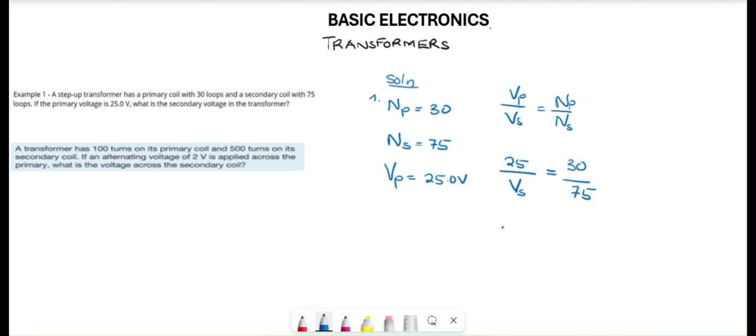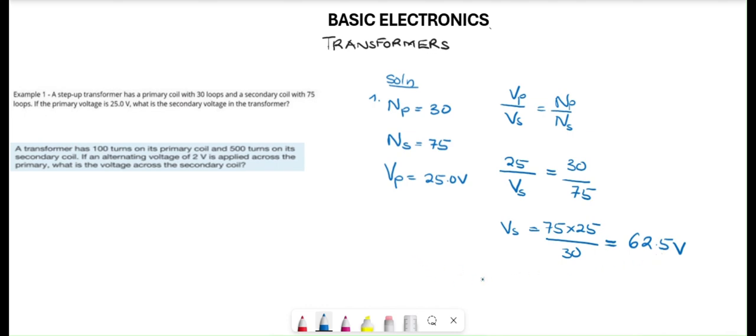So making VS the subject, you cross multiply obviously. So 75 by 25 divided by 30, and we are going to get VS equal to 62.5 volts.